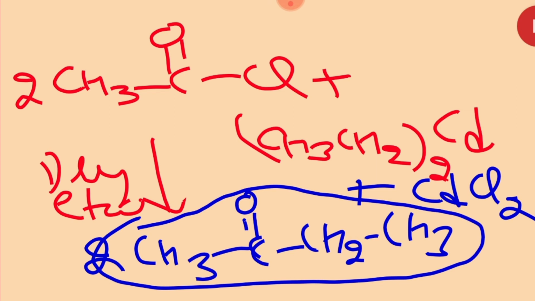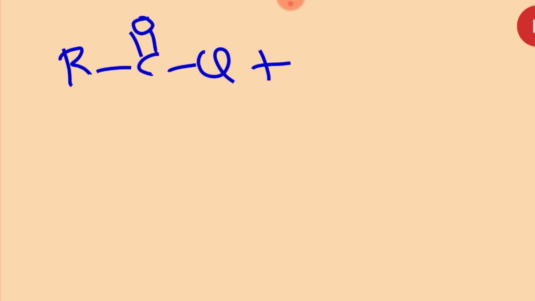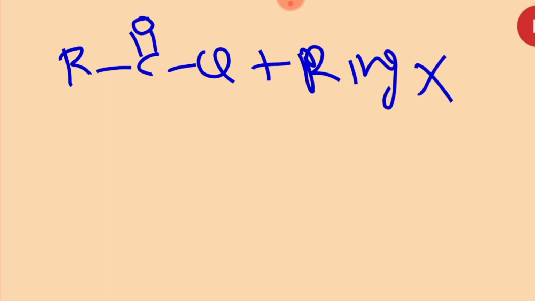Now the question might arise in your mind: sir, why have we used a Grignard reagent first? Why did we not give the reaction directly, RCOCl plus RMgX? Why have we used cadmium chloride, then prepared R2Cd, then prepared the ketone?